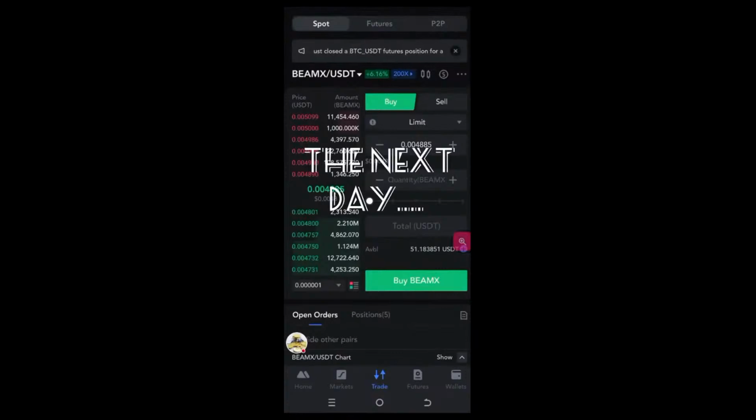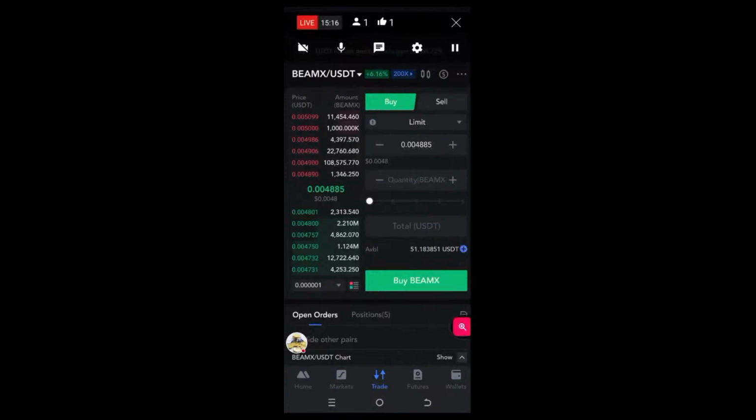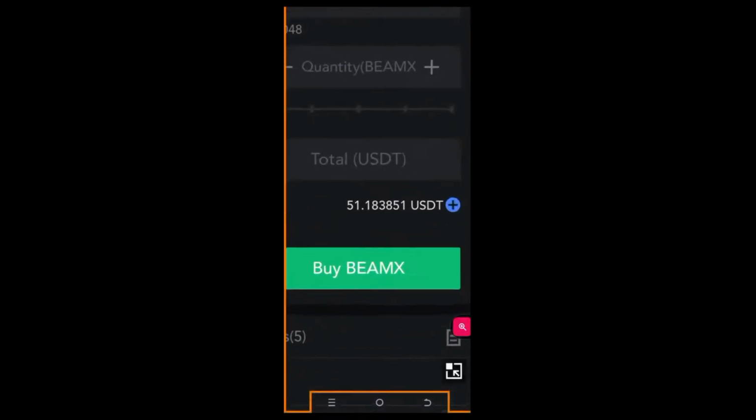And as you can see, BeamX has already executed. Right? See that? We got $1.18. And the beautiful thing about Mexi is that no trading fees. You don't pay any trading fees for now. Maybe later on, but for now, whatever you put in your spot is what you get. So here it is.